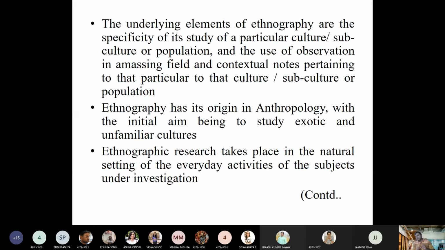We are not only interacting with people with a stipulated questionnaire, rather we are also observing what exactly the villagers are doing, on whom I am targeting. These are my samples, my population, or this is the village study which I am doing.